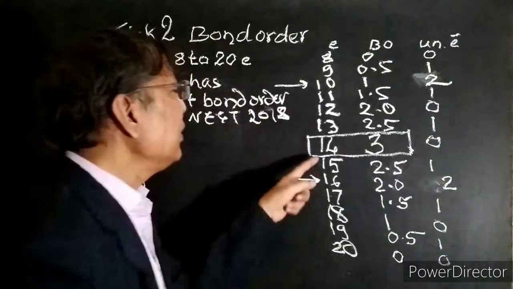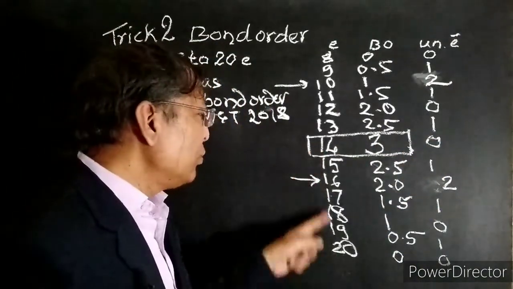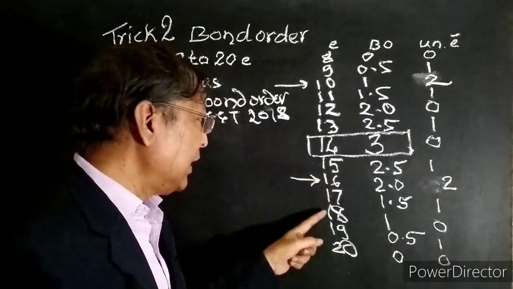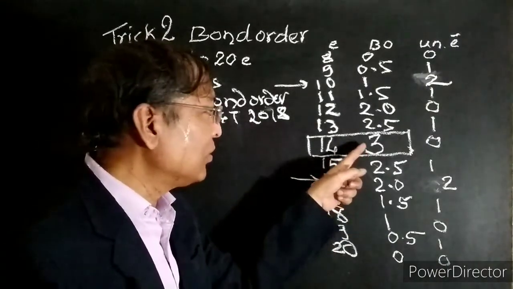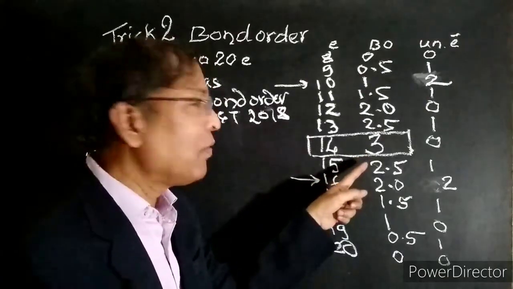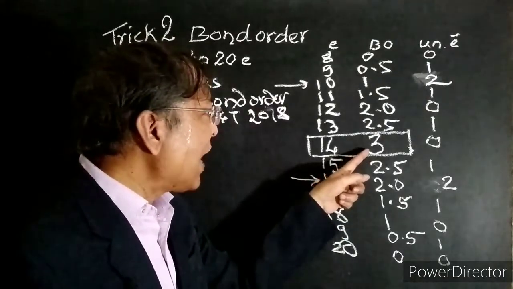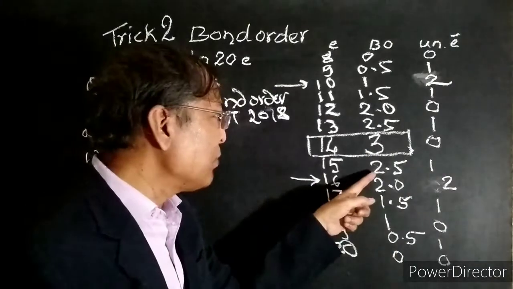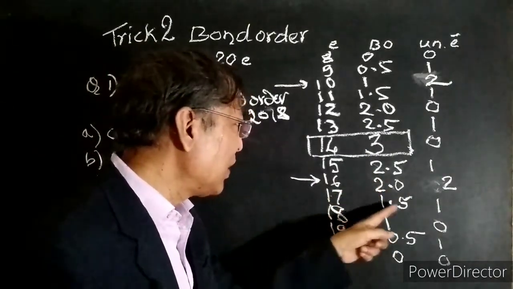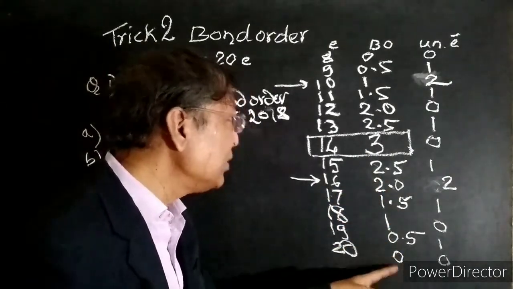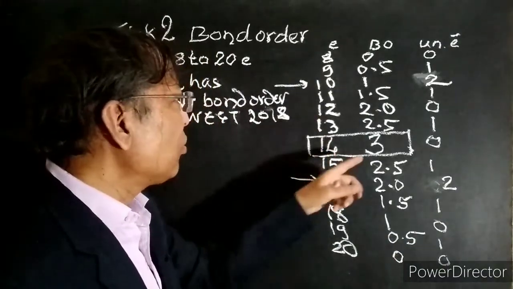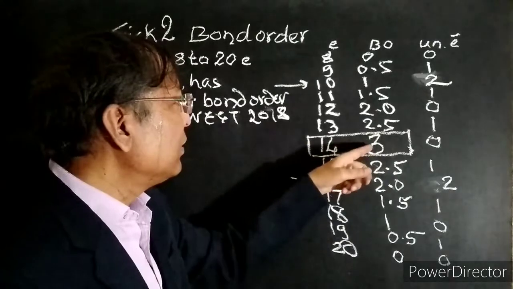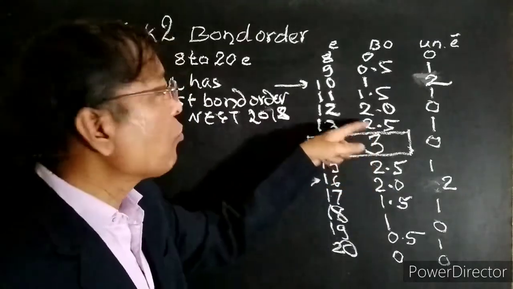Then we should go on writing up to 20: 15, 16, 17, 18, 19, 20, and we should go on reducing this 3 by 0.5. When 0.5 is reduced from 3, it becomes 2.5, 2.0, 1.5, 1.0, 0.5 and 0. In the same way, for molecules having less than 14 electrons, we should go on reducing 3 by 0.5.